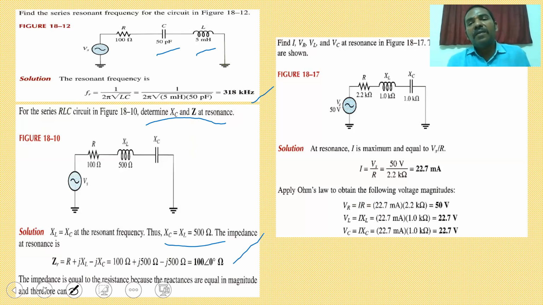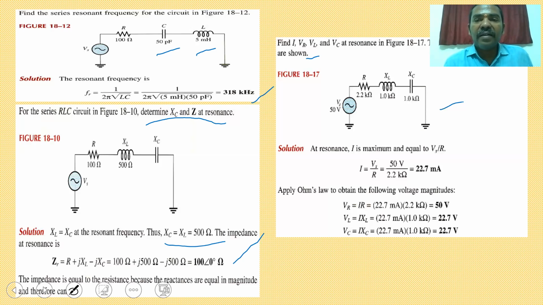Coming to one more problem, we have to calculate the current I, the voltage drop across the resistor, the voltage drop across the capacitor, and the voltage drop across the inductor for the circuit shown in the figure. Here under resonance, the net reactance value is equal to 0.